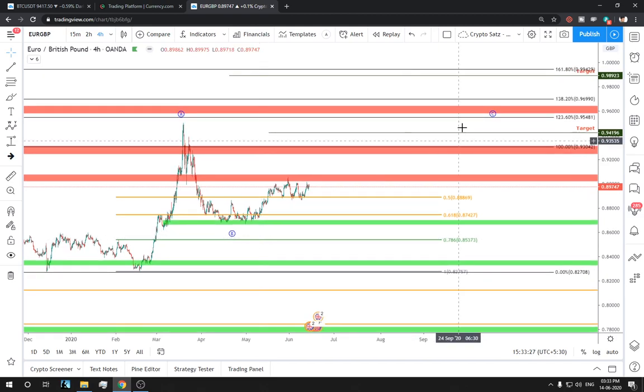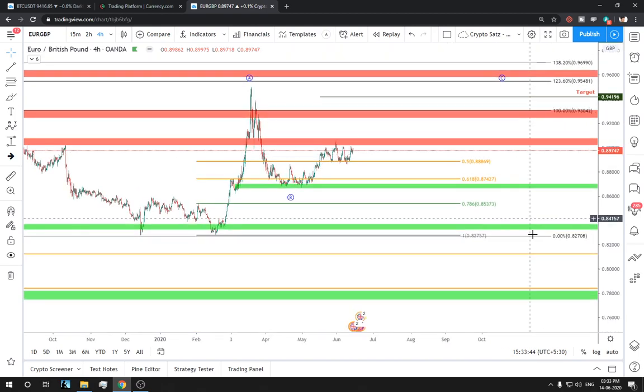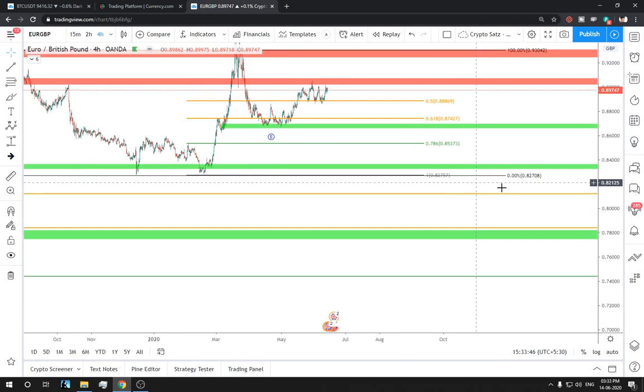So we are looking for a C wave with targets around this range, and I have marked the targets. For conservative targets, these two are our targets, but I am looking at this resistance level for the targets of this C wave, and then we move to the downside and test the 0.618.